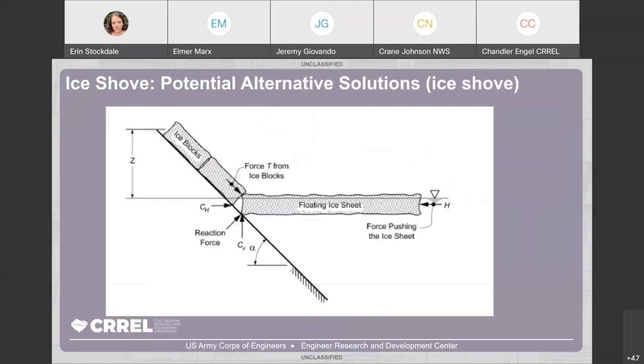I'll just touch very briefly on this, but one of the potential alternative solutions that we have helped in doing some of the analysis is particularly related to ice shove. So trying to force the ice to fail in a bending fashion as opposed to a crushing fashion.